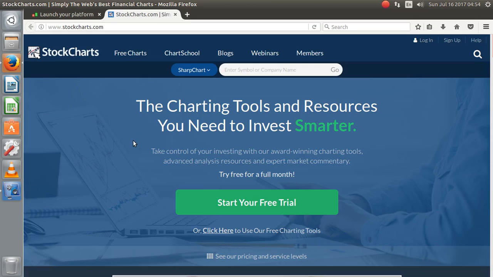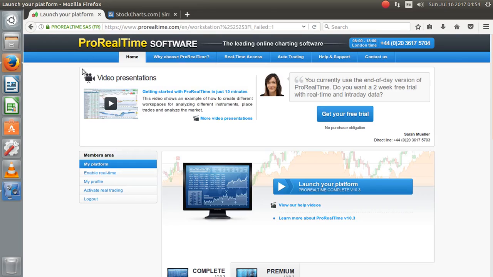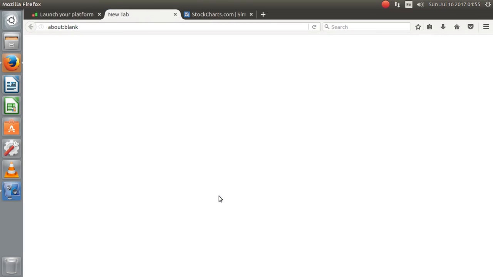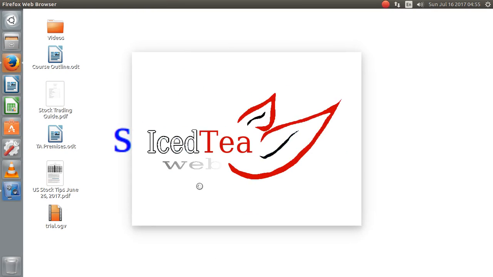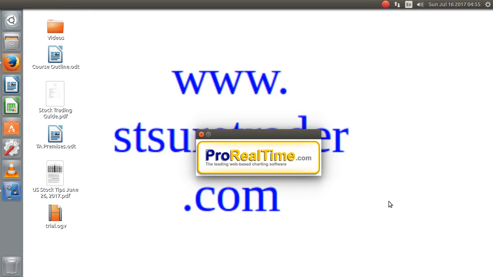So let's get back here. It could take a while to load. That's because I'm using Linux Ubuntu. That's my OS, so you can see it's running IcedTea for Java. I'll give this a while to load. Just bear with it, but you'll like this chart.